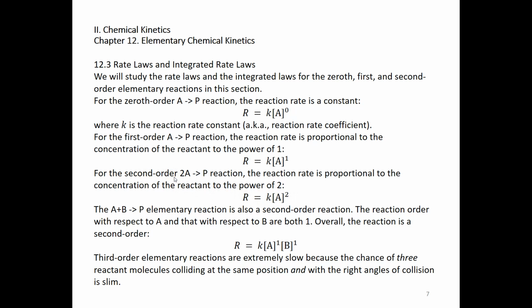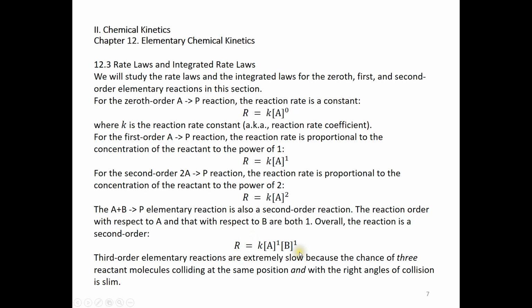We have another type of second order reaction, from A plus B to P. It is possible for the reaction rate to be proportional to [A] to the power of 1 and also to [B] to the power of 1.